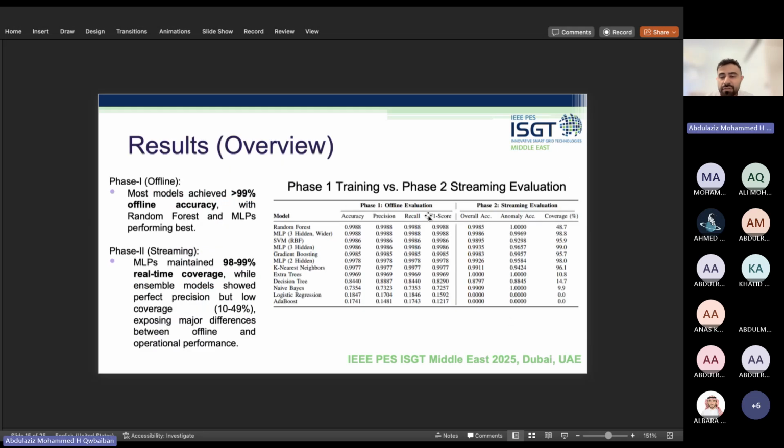These are the results for phase 1 offline evaluation. Most of them did well on accuracy, precision, and recall. For streaming, because we have abstain, you'll notice that for random forest, extra trees, decision tree, naive Bayes, logistic regression, and AdaBoost, the coverage was below 50%, meaning it abstained 50% of the time or more.